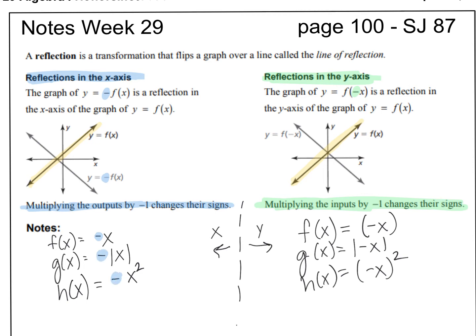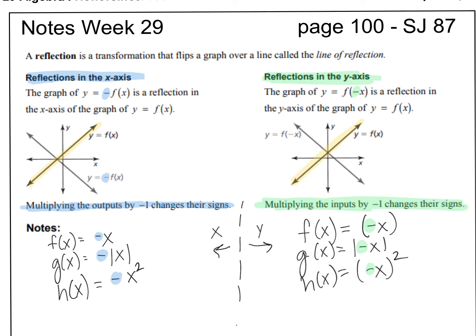It's not inside parentheses. All of those are examples of reflection across the x-axis of the parent function. And then these over here, when the negative is actually inside with x, grouped with it with parentheses or absolute value, then that's a reflection in the y-axis.